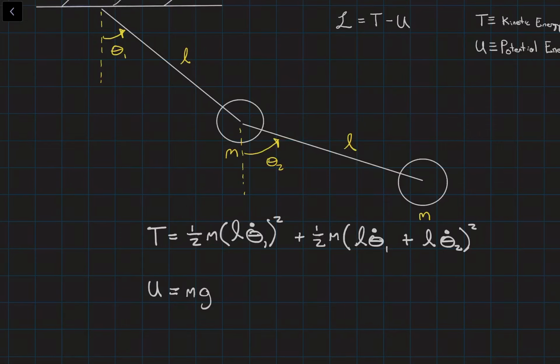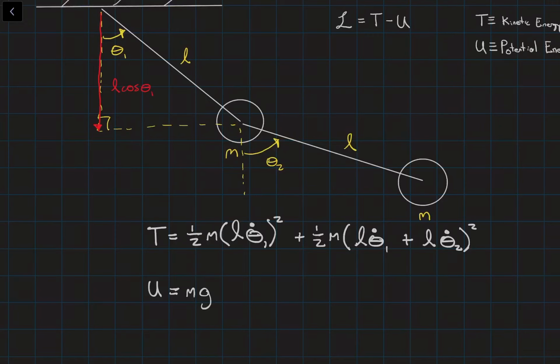So if we want to get a vertical displacement for this mass 1 right here, we could draw a right triangle here, just a projection, and we can see that we can write the height of mass 1 at any point. It's just given by the length of this leg here, drawn in red. So as you can see from here, this length right here, this is just L cosine theta 1, right?